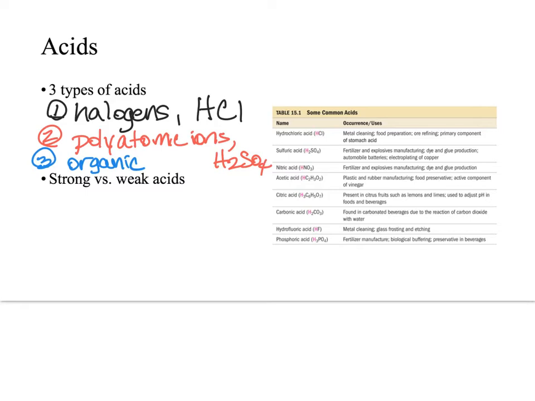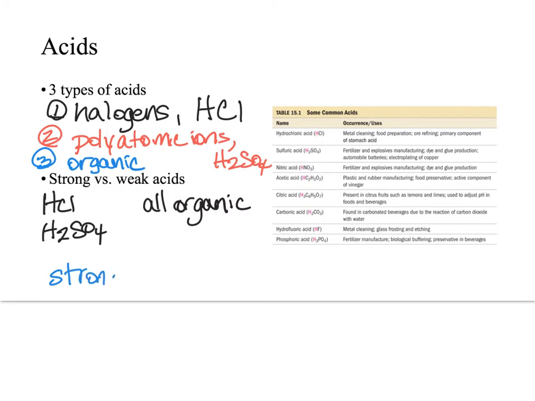We can also talk about strong and weak acids. Strong acids would include HCl, H2SO4, and several more. The weak acids would include all of the organic acids, and then some of those in the other 2 categories. The difference between strong versus weak is a matter of the amount of ionization.